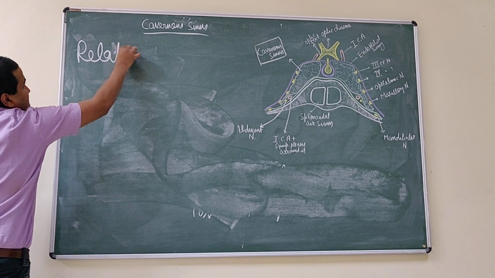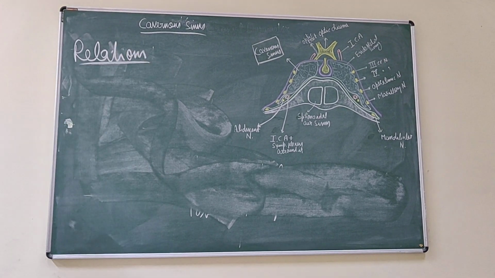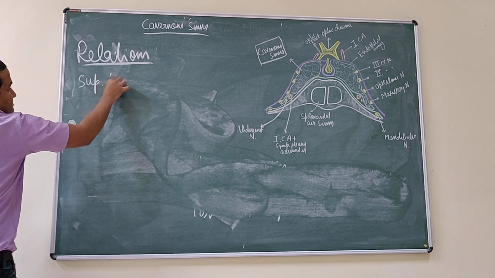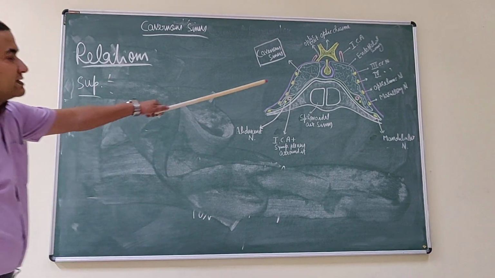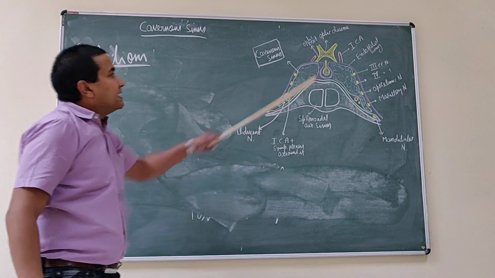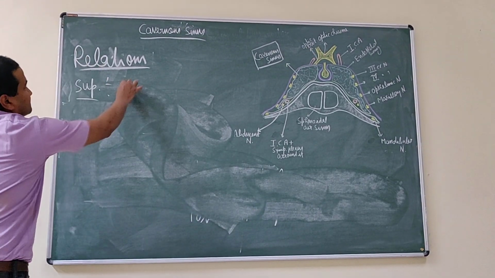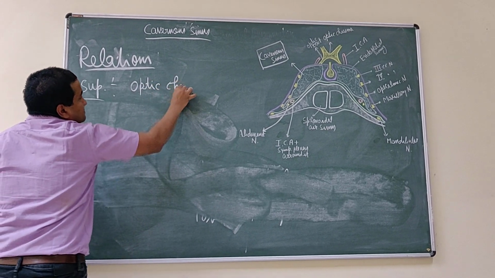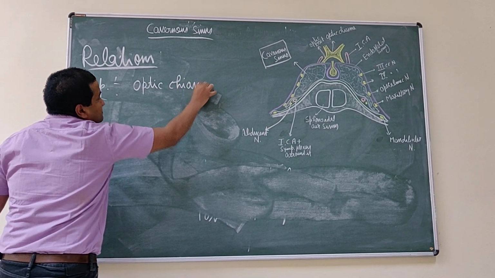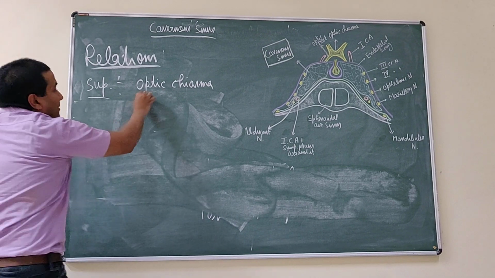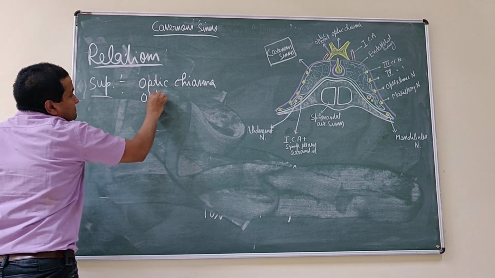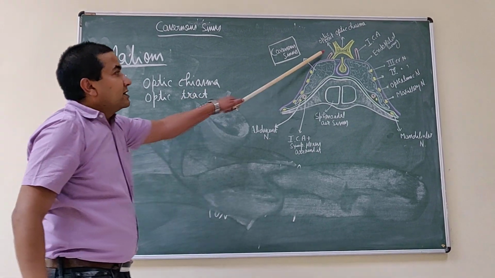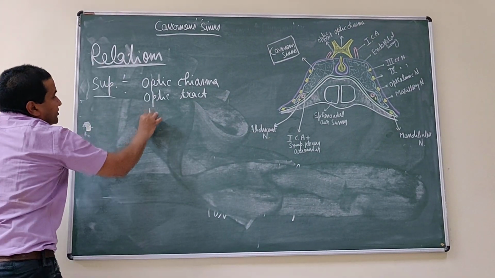The important relations superiorly, we see in the diagram: superiorly, it is related with the optic chiasma, then the optic tract, and the internal carotid artery.